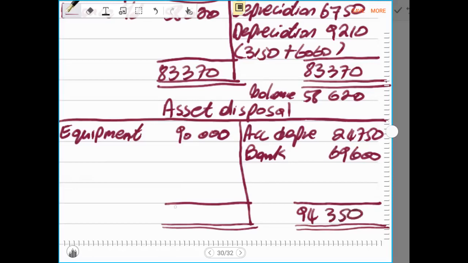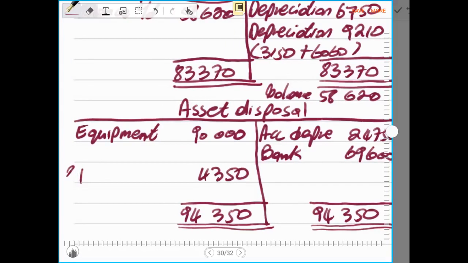That means the credit side is bigger now, and you always write the total of the bigger side, 94,350. So now in this case, we obviously have made a profit. You minus 90,000 on that, and you see that there's a profit of 4,350 profit on the disposal.